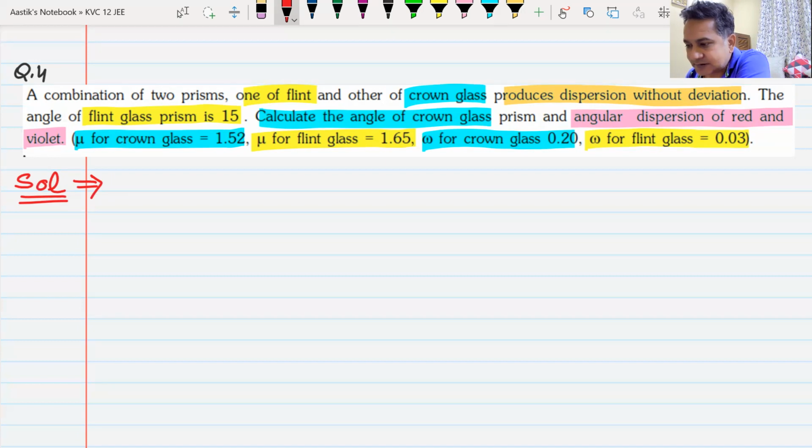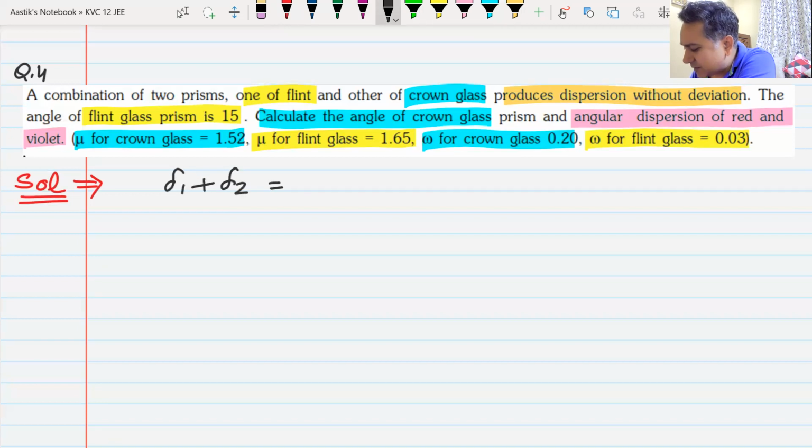Anyone from the other class? So how are you supposed to do this? This is dispersion without deviation. That means delta 1 plus delta 2 has to be 0.